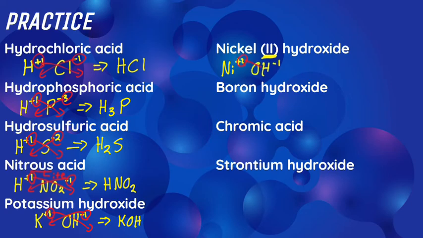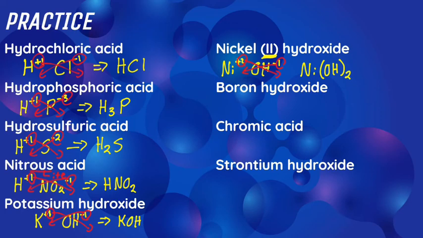We're going to go ahead and cross these down. So we're going to end up with our Ni parentheses OH close parentheses 2. So just remember, whenever we cross down something onto a polyatomic, we are going to have to put that polyatomic into parentheses and put that number on the outside.